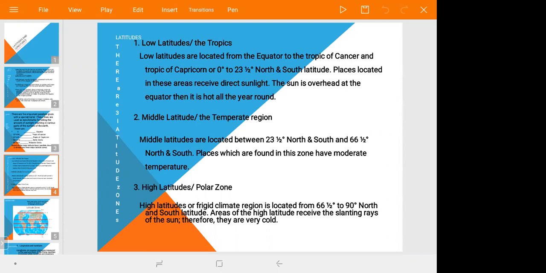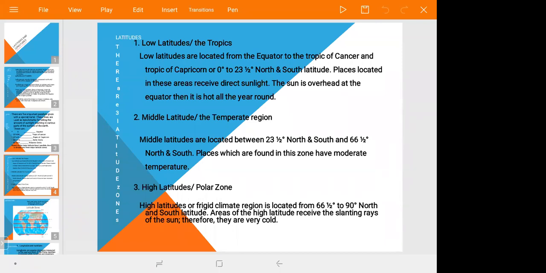The low latitude zone is located from 0 degree, the equator, to 23.5 degrees north and south. That means the Tropic of Cancer and Tropic of Capricorn are parts of the low latitudes.